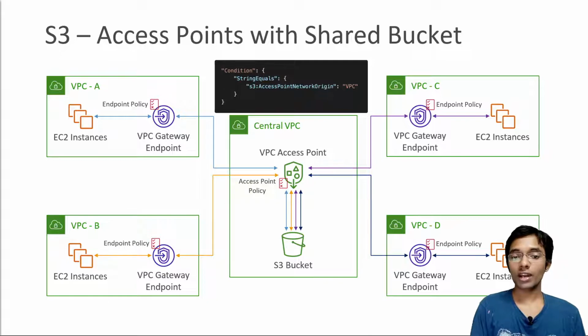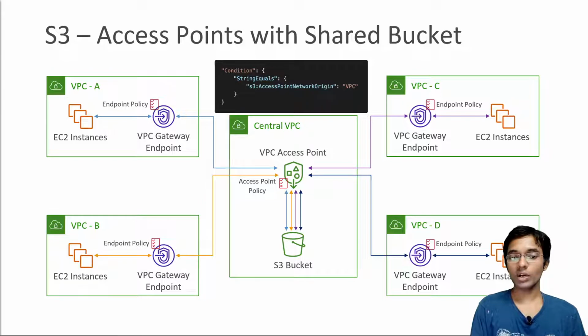We create a VPC access point, and this access point will have an access point policy, specifying that the only way for it to be accessed is by having the S3 access point network origin be VPC. So here we are restricting access to the VPC only, and because we are doing cross-account access, we have to create, and that's the trick you have to know for the exam, a VPC gateway endpoint.